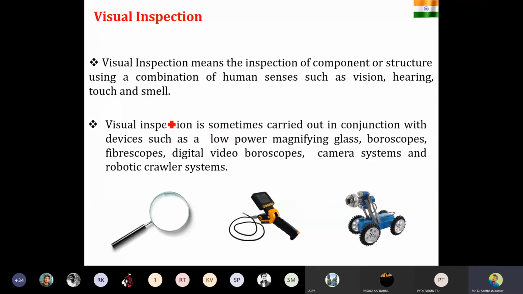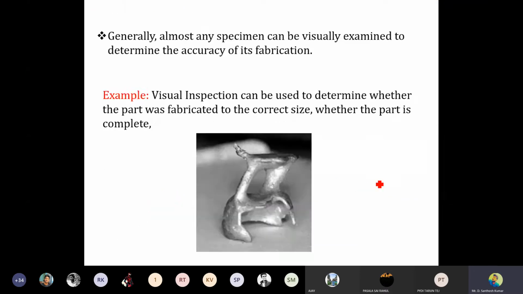In visual inspection methods, sometimes we use devices for what is not possible with the naked eye. You can see here our magnifying lens, the borescope, and the robotic crawler systems. These are the different equipment we use.